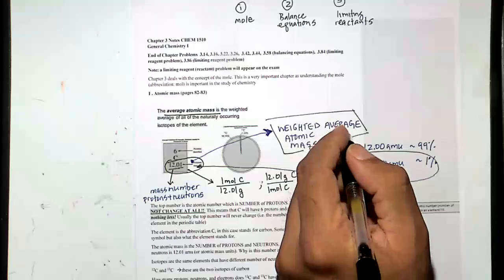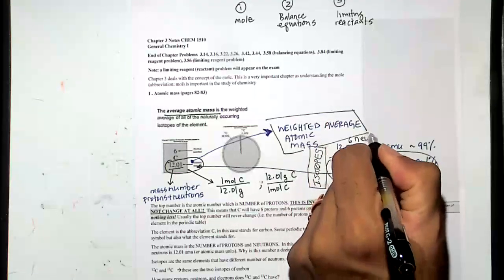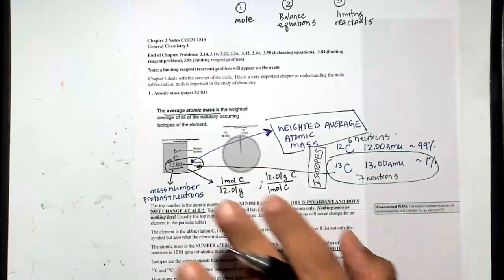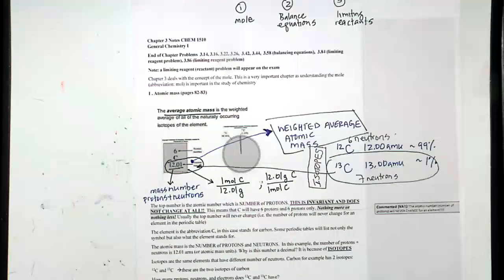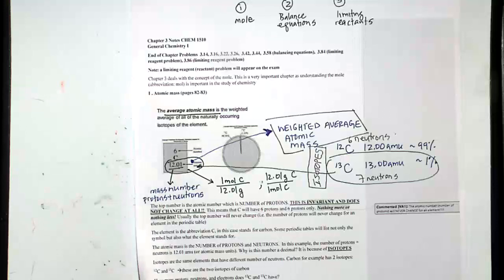And how many neutrons are in carbon 12? 6 neutrons. Very good. All right, let's do a problem involving isotopes. I'm going to go on to the next page.